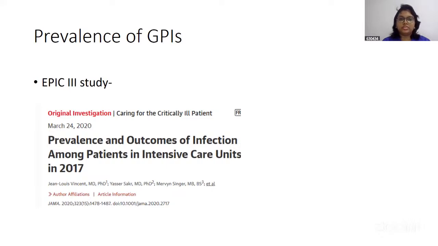In that, they stated the prevalence of gram-positive infections as 37%. Usually, the burden is around 23 to 47%, even in the Indian scenario. So this study has said 37% is the prevalence of gram-positive infection.